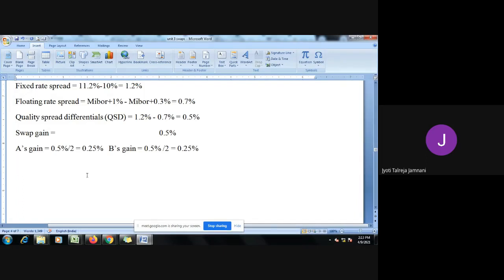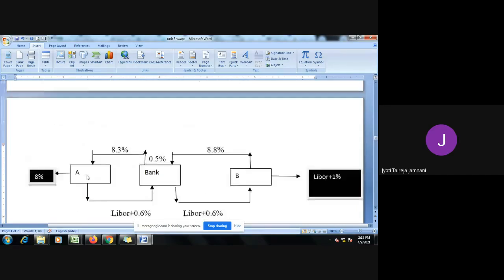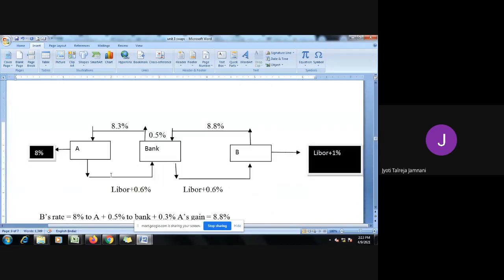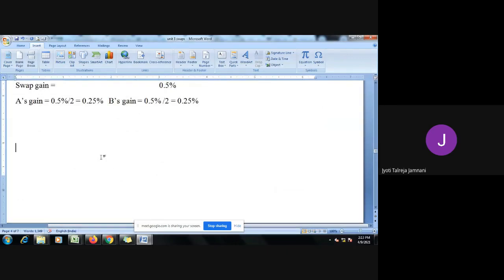So let's start solving. Now, there are only two parties, A and B. So, draw it separately.